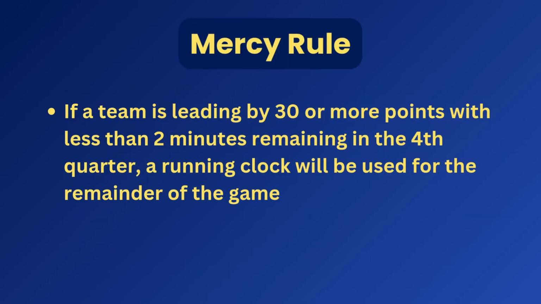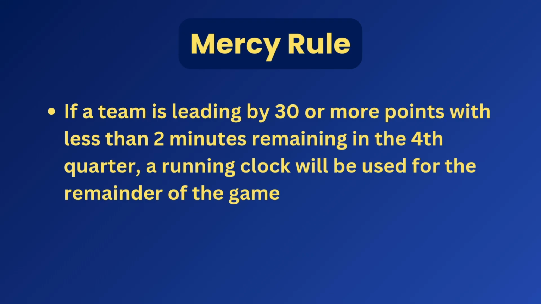The mercy rule: if we do have a team that is leading by 30 or more points with less than 2 minutes remaining in the fourth quarter, a running clock will be used for the remainder of the game. So essentially, once a team is up by 30 points at any point under 2 minutes in the fourth quarter, it's just a running clock the rest of the way. We will not stop it for the NFHS stop clock rules.